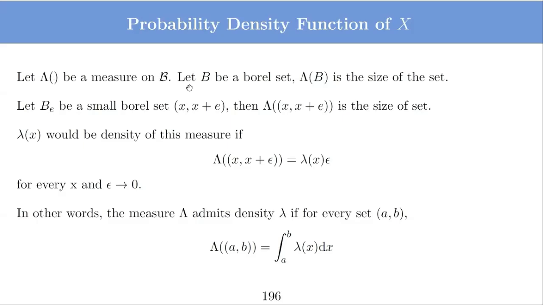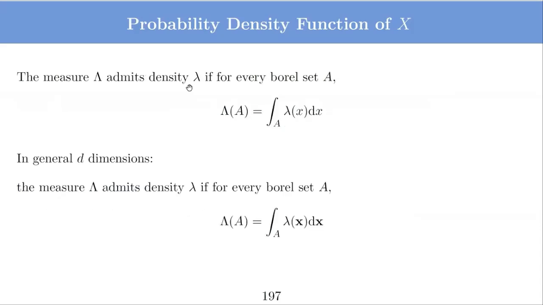But for a measure, you have to take every possible set and then define the measure on it. So this density is a little bit easy to deal with, and they are unique in the sense that if you know the density, you can compute the measure, and if you know the measure, you can compute the density. There cannot be two measures with the same density. There cannot be two densities with the same measure.